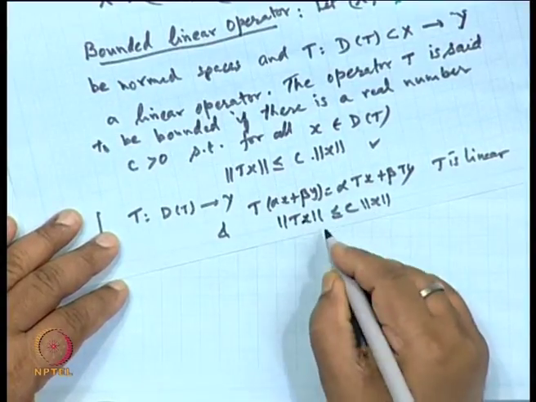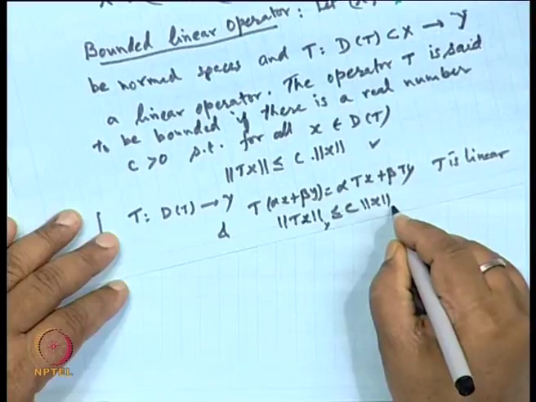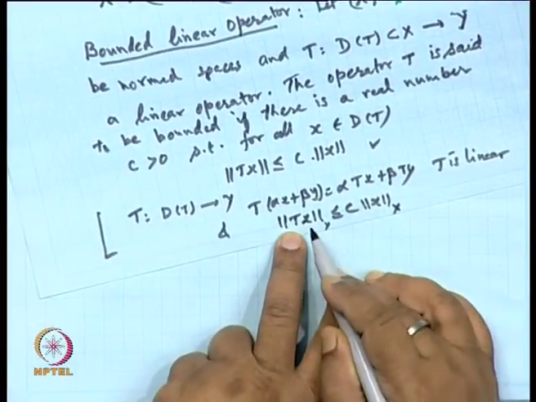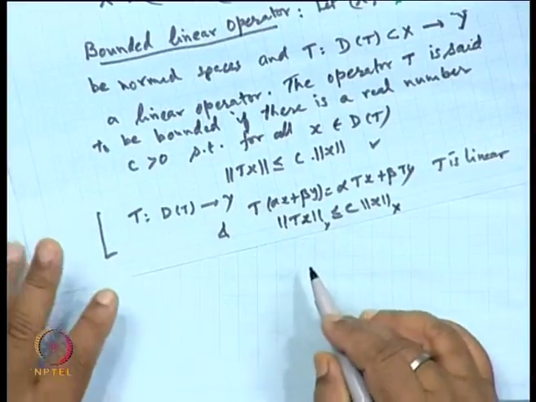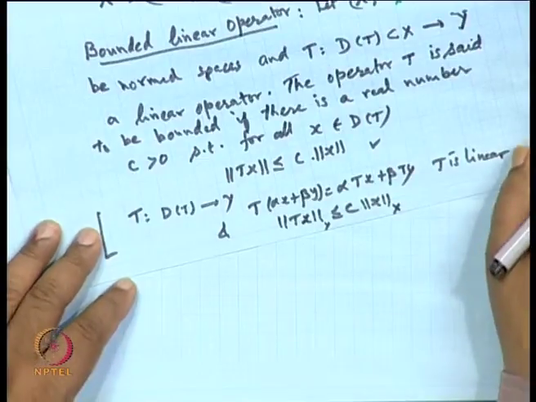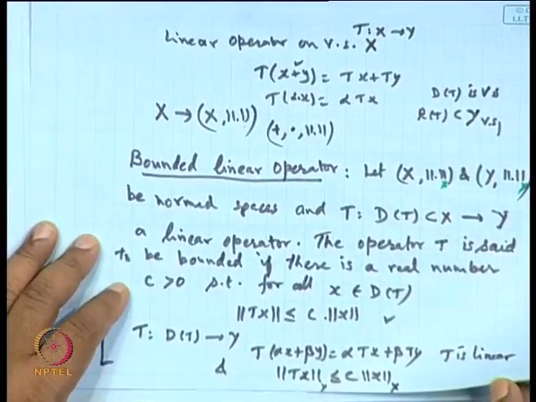Here this is the norm on Y and this is the norm on X. So this gives the relation between the norms and the operator. An operator which satisfies these conditions we call a bounded linear operator.